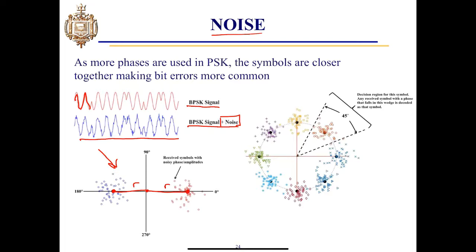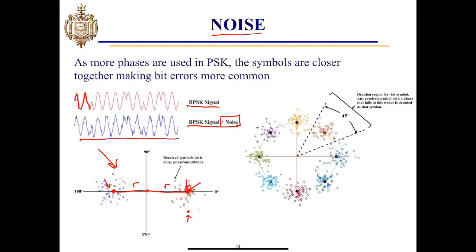We wanted to send, let's say, that symbol, but once it gets to the receiver, it may look like that. So it's up to the receiver to determine, did they mean to send this symbol right here, or this symbol right here?